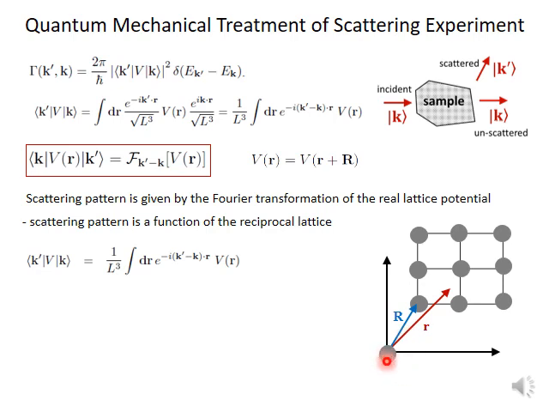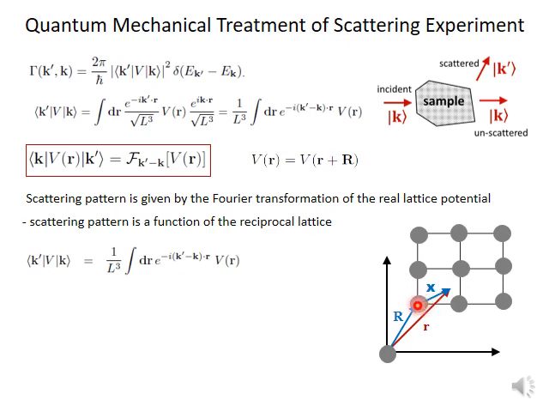This position R can then be represented as a vector sum of a real lattice vector plus an extra position vector x, where x starts from a reference point within a certain unit cell.